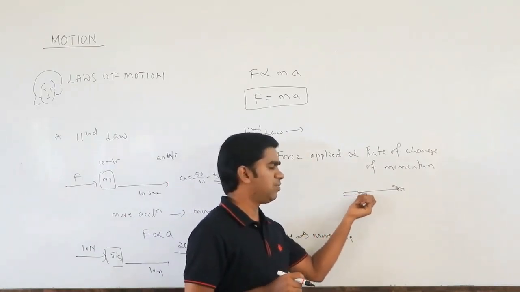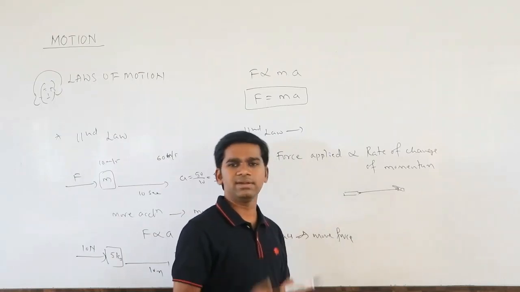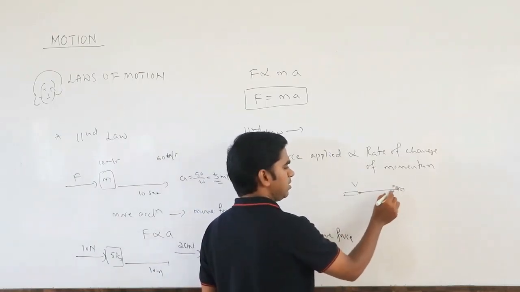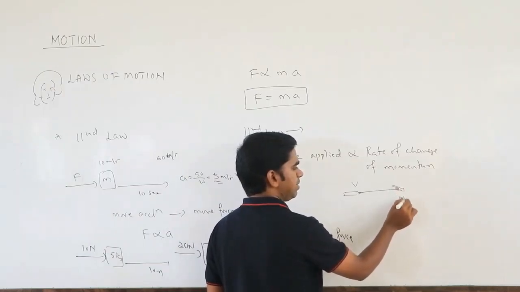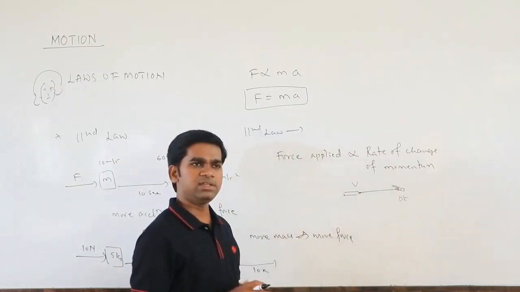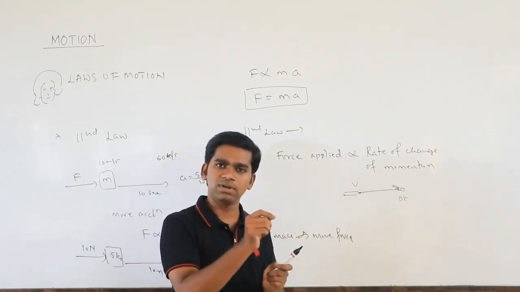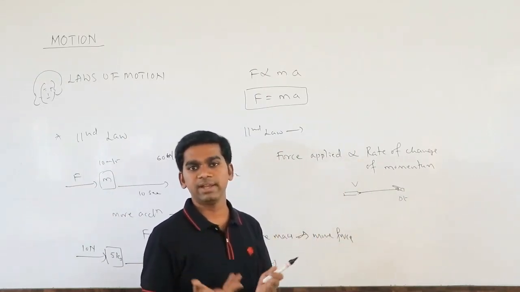When it is moving with a very high speed, it spends very little time. So velocity is more, but the amount of time spent is very small. The effect is more. That means the force applied on your hand is going to be more, so you will get hurt.